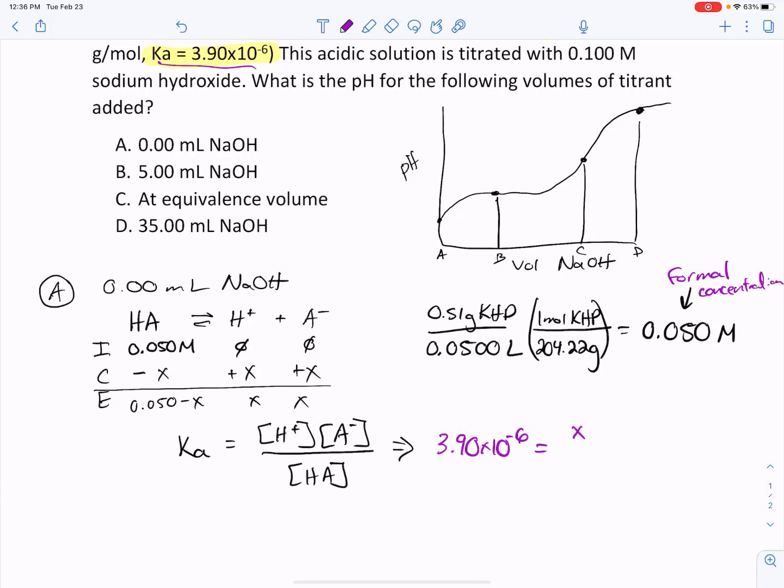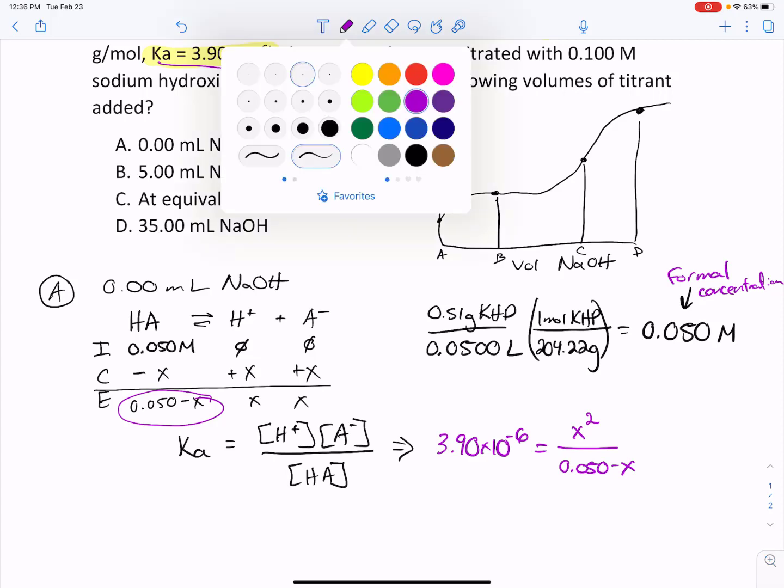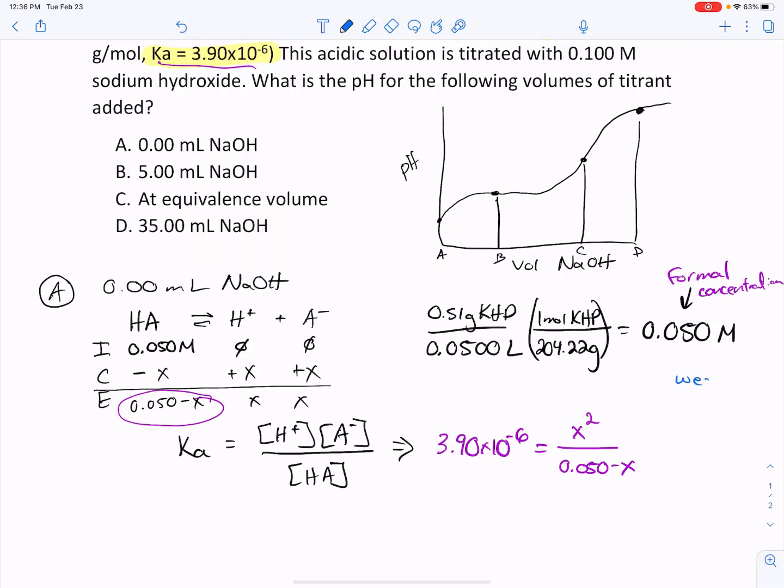It equals, my H is an x, my A is an x, so that leaves me with x squared on top, over my HA concentration, which is 0.050 minus x. And this is where we get the expression for any weak acid problem. It can reduce down to Ka equals x squared over F minus x, where F is simply that formal concentration we found earlier. It's that same format, but it comes from that ICE table that we originated with.